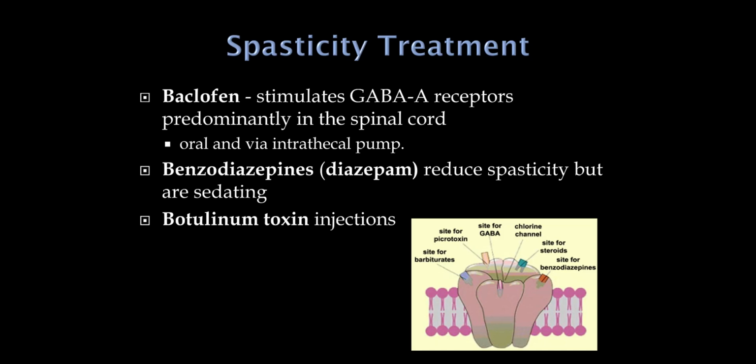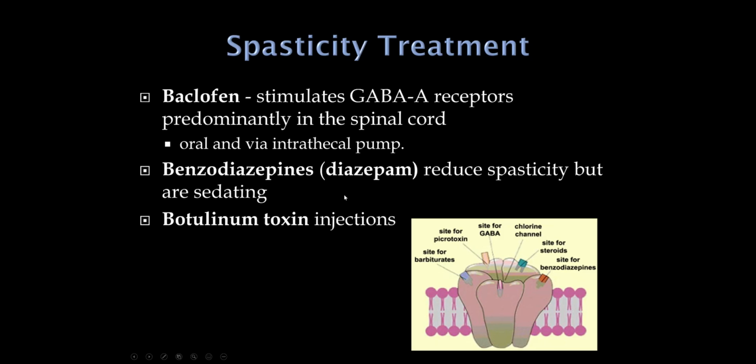This can be given orally or can be placed into the CSF via an intrathecal pump, which might be more effective than oral baclofen. We can also give benzodiazepines, which also act on GABA receptors, but these are quite sedating, and so that's why we'll try baclofen certainly first.